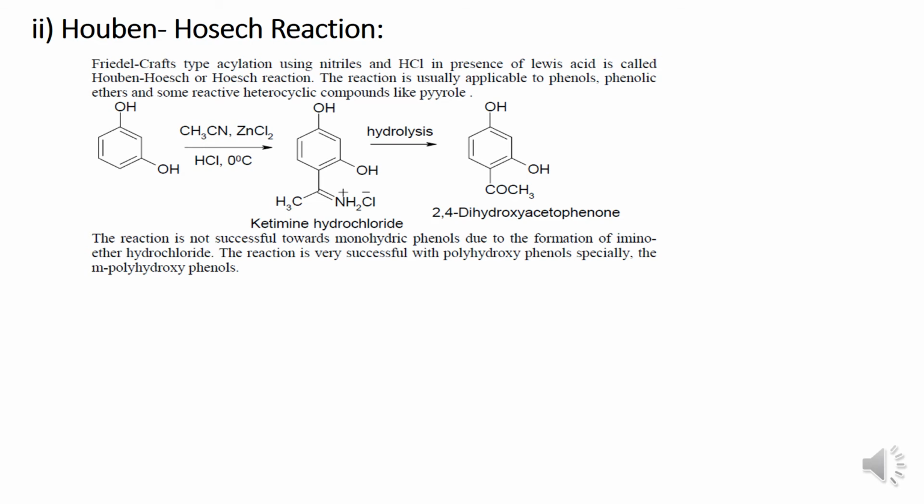When a meta substituted phenol is used, it produces 2,4-dihydroxyacetophenone via ketimine hydrochloride formation. Remember, the reaction is not successful with monohydric phenols due to the formation of imino ether hydrochlorides.